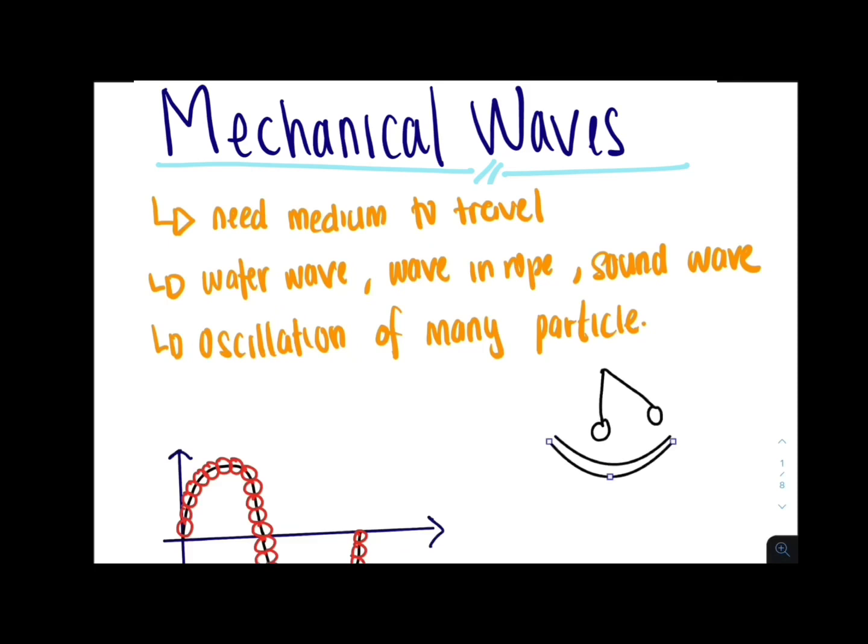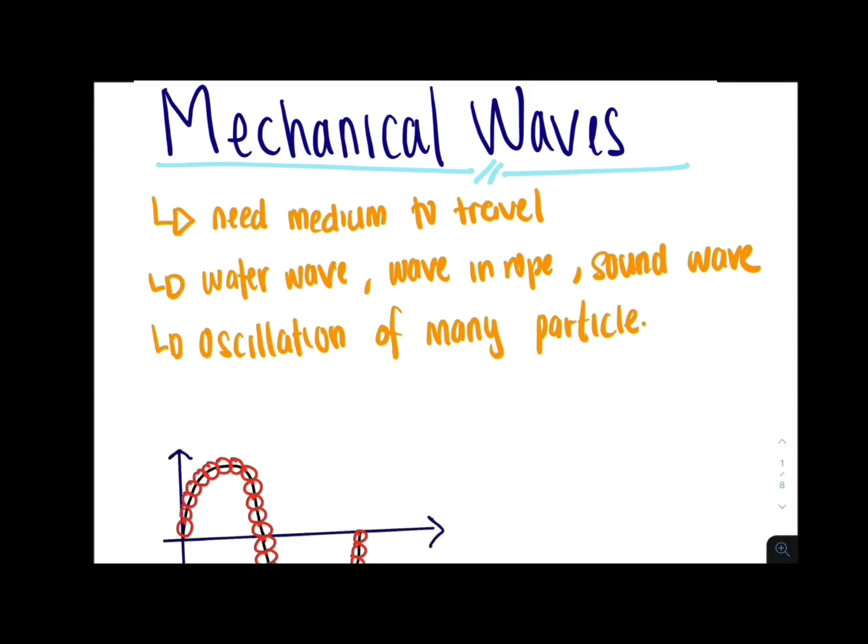And this periodic motion is going to produce a sinusoidal wave. Okay, kita akan dapat wave juga. Cuma, dekat sini you have one particle, iaitu your pendulum is the only particle that is moving and making that oscillation. So, wave yang kita dapat dekat sini adalah due to that one particle which is your pendulum.